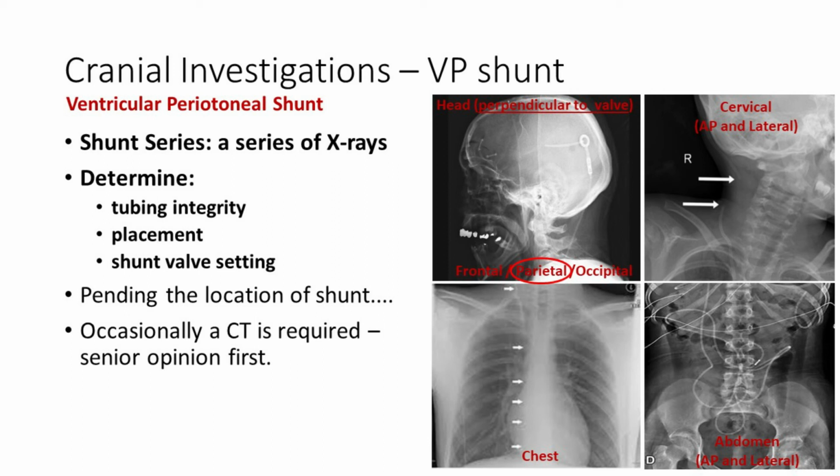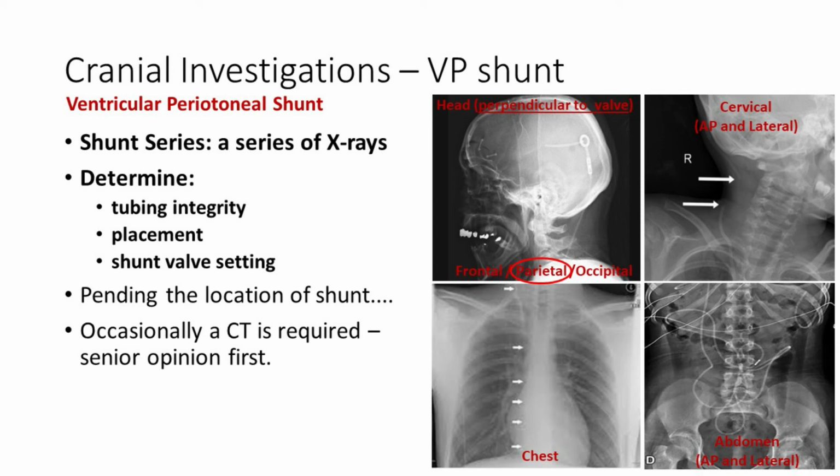Occasionally it will move and instead of being in the peritoneum then go into the extraperitoneal space. And also it's used to sometimes confirm what the shunt valve setting is. So particularly the skull ones, there's often some valves on there. You can, from the X-ray, tell what the setting is and what the pressure release.